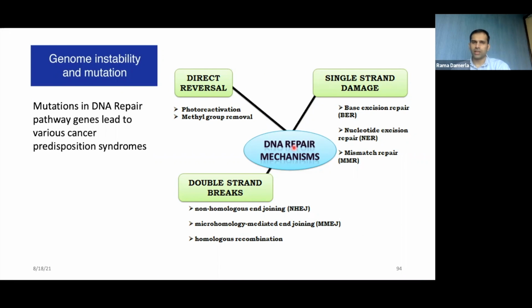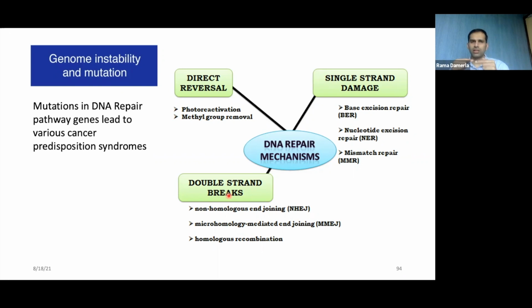Double strand breaks are repaired by non-homologous end joining. There could also be microhomology mediated end joining, or even homologous recombination. So these are three different pathways that repair breaks in the entire strand of DNA.